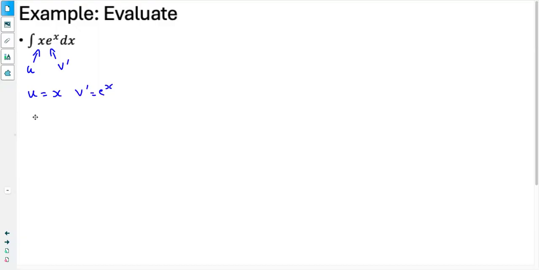Now, we'll figure out what u prime is, which, our derivative of this, is 1. And we already know what v is for this. Our integral of e to the x is just going to be e to the x. Now, we know that the integral of uv prime dx is equal to uv minus the integral of u prime v dx.